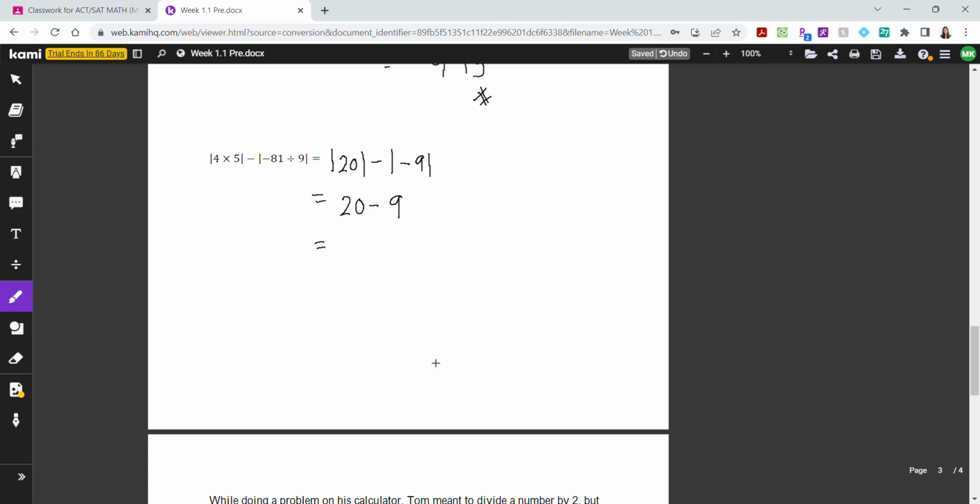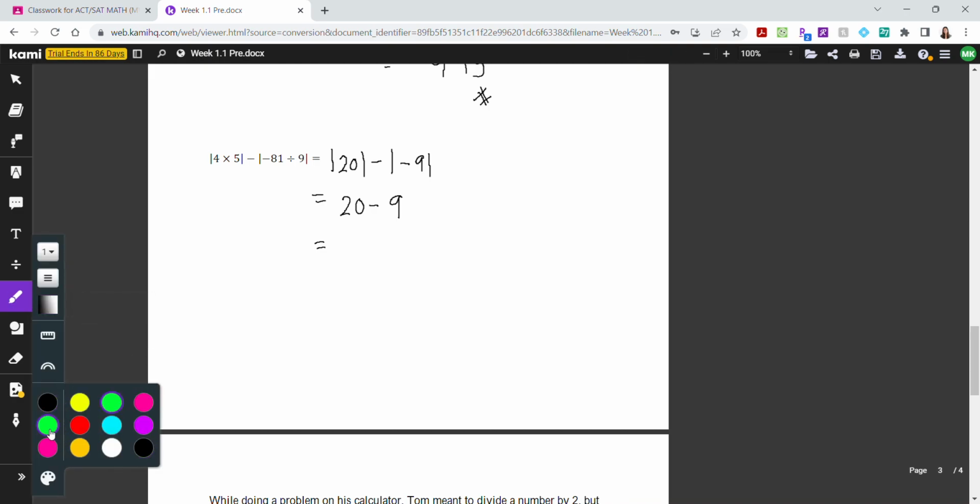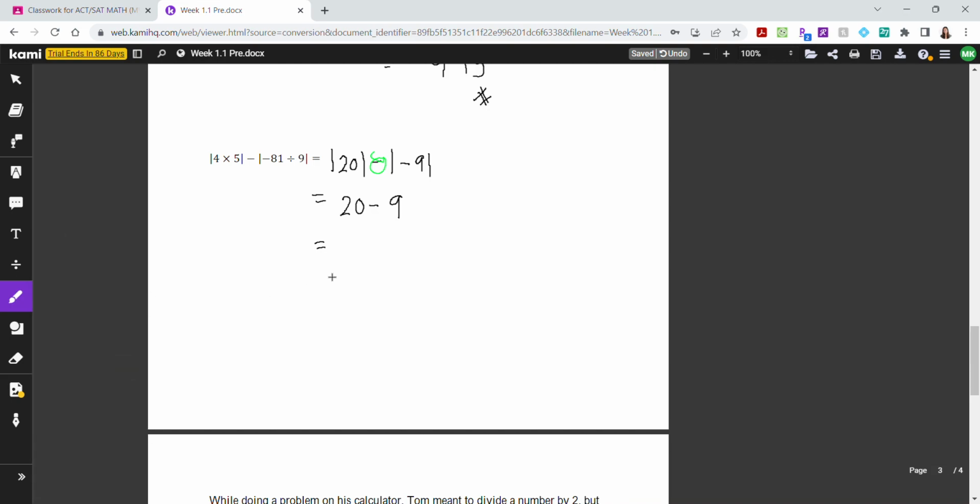And this negative sign over here is still a negative because it's not inside the absolute sign. So it is as it is. Right, so that's why we have 20 minus 9, which would then equal 11. And that is the answer for this one.